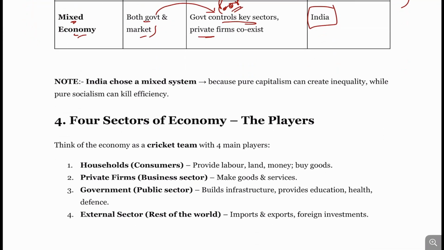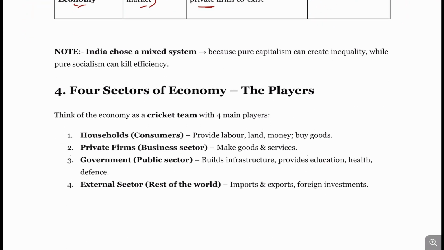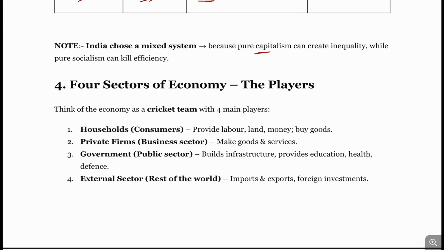India has chosen the mixed system because pure capitalism can create inequality, while pure socialism can kill efficiency. There are inherent problems with both systems, the capitalist and the socialist, so we choose to be a mix of both.